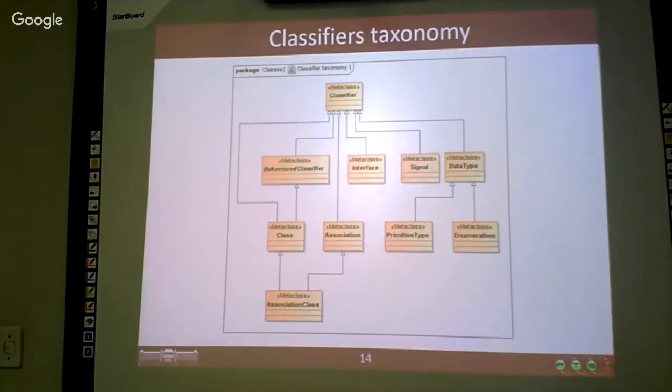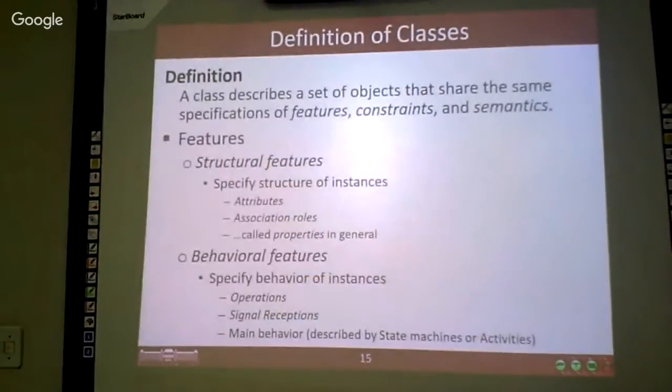And as you can see, this is an abstract class. So you will never use classifier in your model, but all other things that you can use are related to it and inherited from this general concept. So when we go to the classes, the definition of classes is quite similar to classifiers.